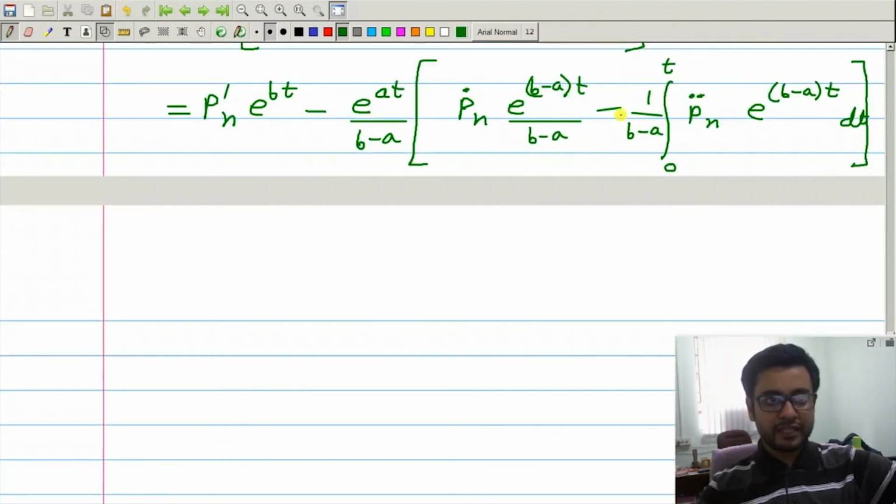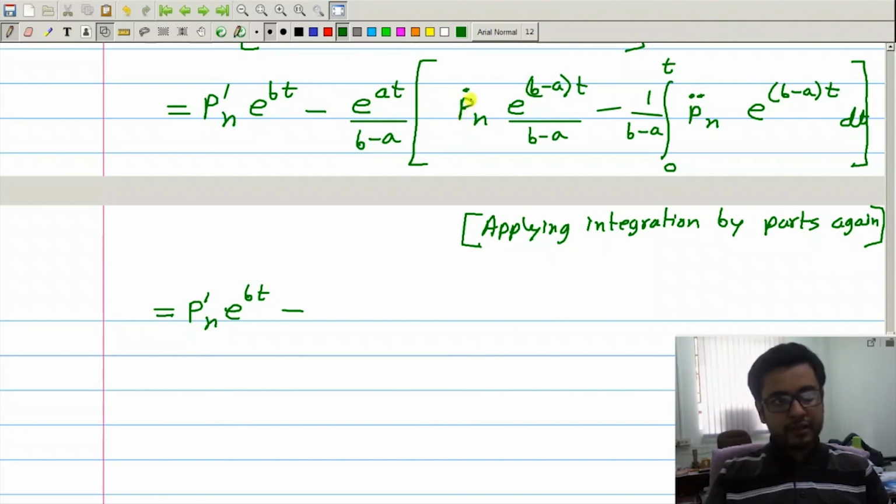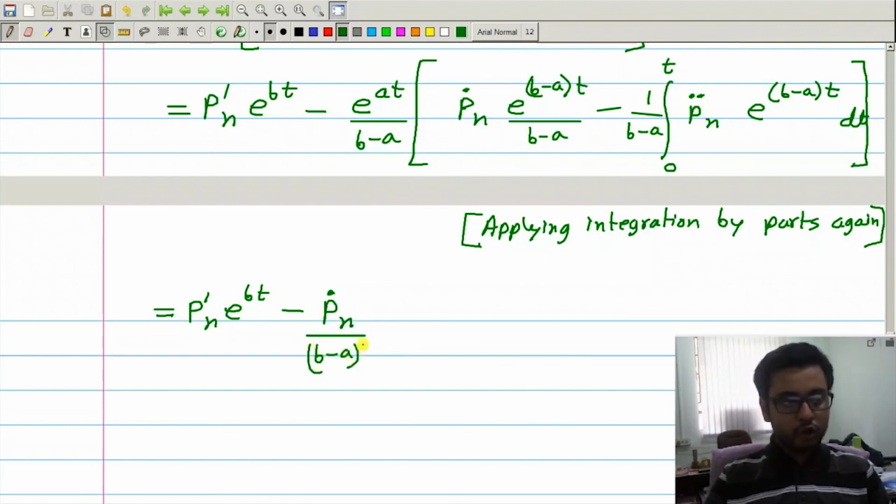So we have applied integration by parts once again. Now we can write this as this: first term as it is. Then let me multiply e to the power this part inside. So we will have p dot n, and whole divided by b minus a whole square, this one and this one.